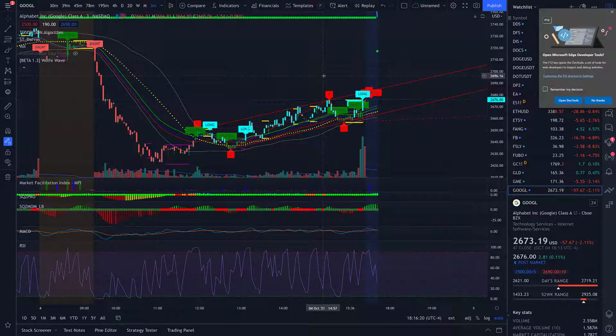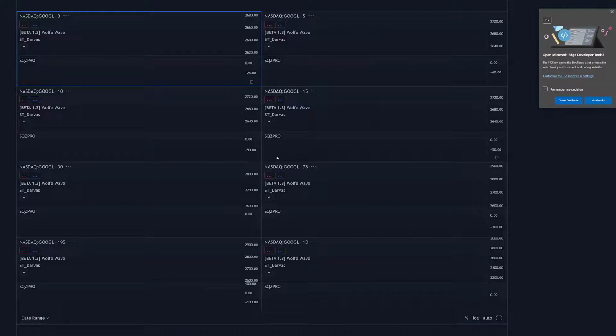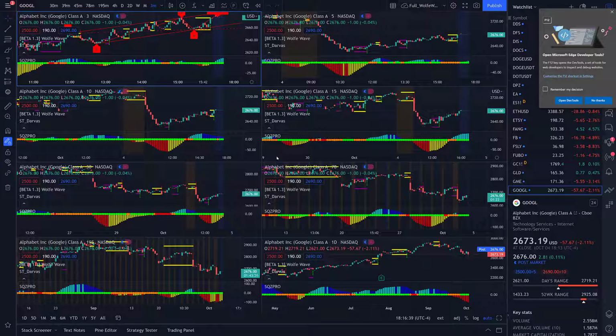And I want to go back to that workspace. Then what I would do is go here and load that chart using that name, full Wolfe Wave workspace, and it brings me right back to all 8 charts.